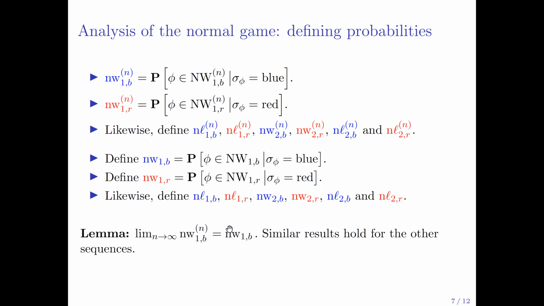Okay, so here's a lemma which I've stated very briefly, but it actually requires some compactness arguments. What you can basically show is that capital NW1B superscript n, as n increases, gives you an increasing sequence of subsets which ultimately converge to capital NW1B.